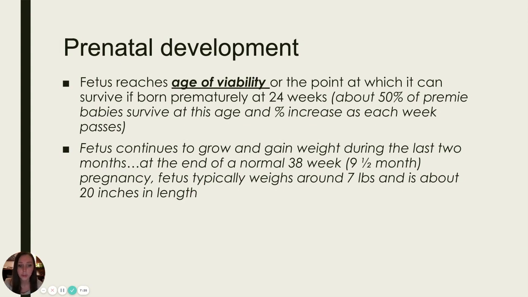At the end of a normal 38-week pregnancy, on average, the fetus is going to weigh around 7 pounds and be 20 inches in length at about 38 weeks. So obviously, if you go a little bit longer, it can be a bigger baby, weigh more, be longer. If you go shorter than that, the length is really going to determine the size.